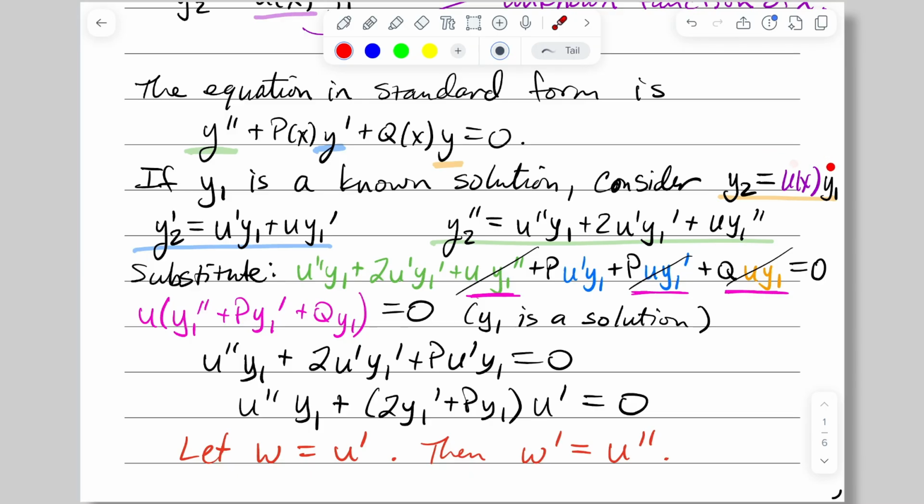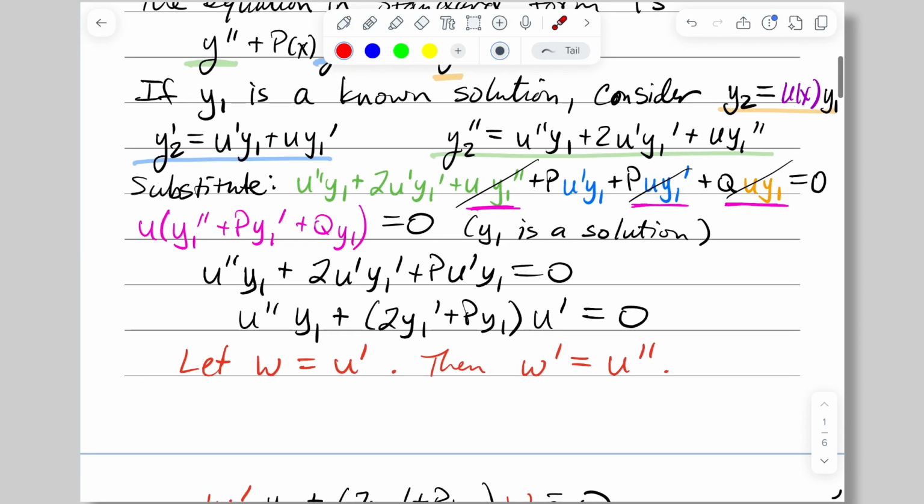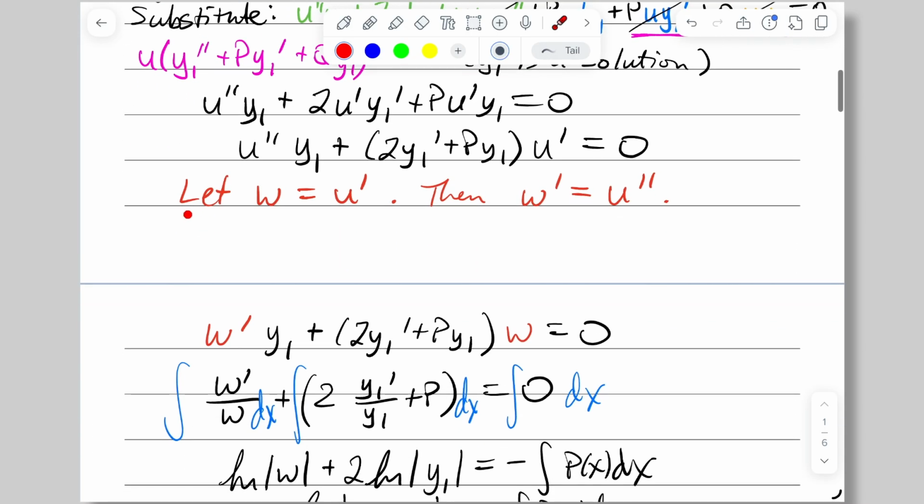U and y1 are both functions of x, so when we differentiate them, there's the product rule, and when we differentiate it again, the product rule shows up a couple of times and some terms combine. That substitutes into the standard form, and then from there, W is equal to U prime, and you look at the differential equation you have there, and solve it based on what you know from previous lessons.